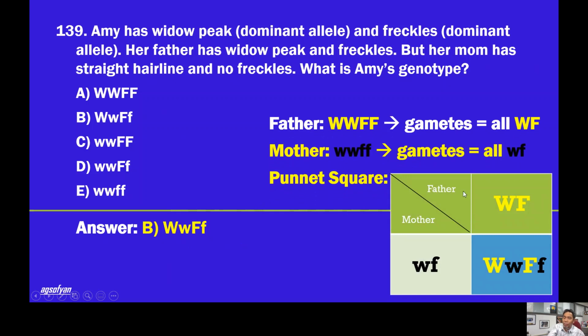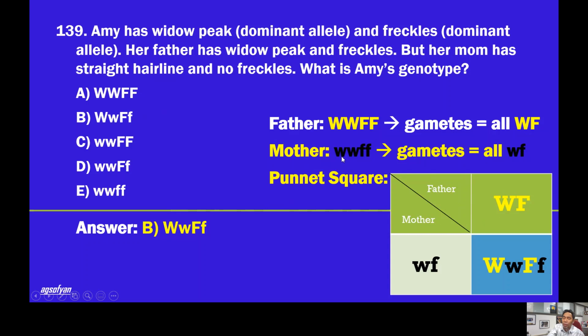So remember to use the Punnett square. Father, all uppercase, is going to produce only one type of gamete, both W and F uppercase. So put that on the top over here.